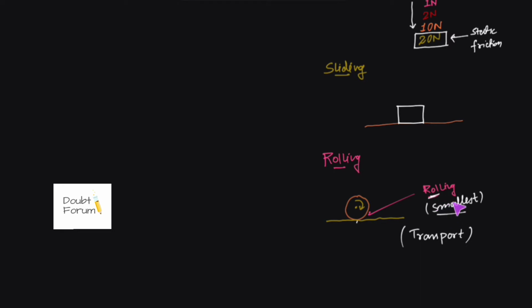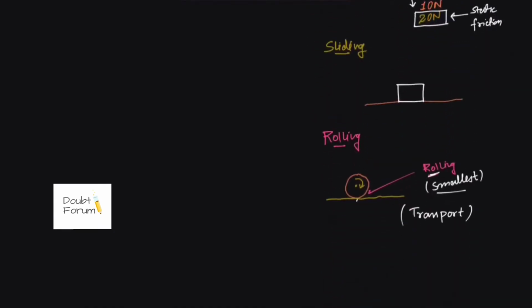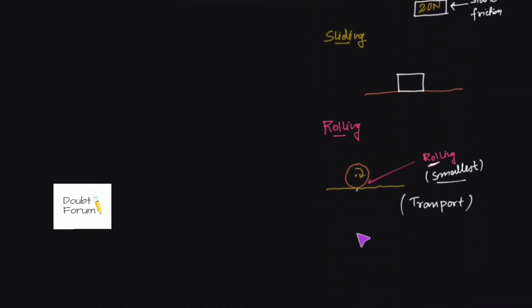So for all these categories of friction, the formula is: force of friction is equal to coefficient of friction multiplied by N. N is the normal reaction. This is simple. Force of friction is equal to coefficient of friction multiplied by normal reaction.